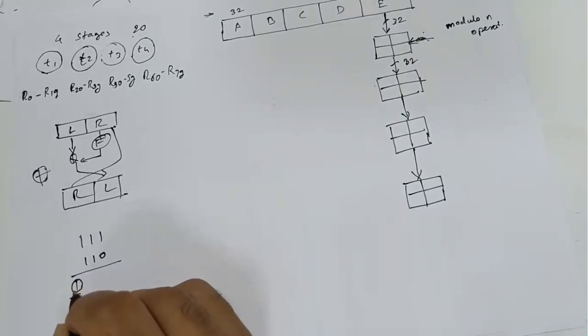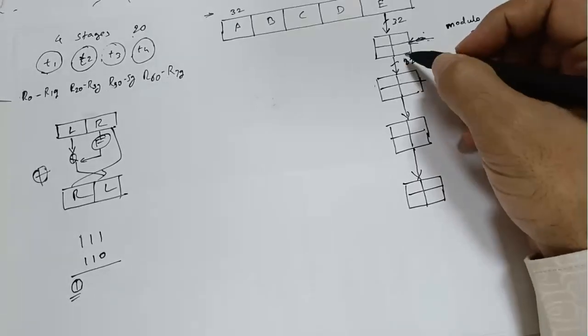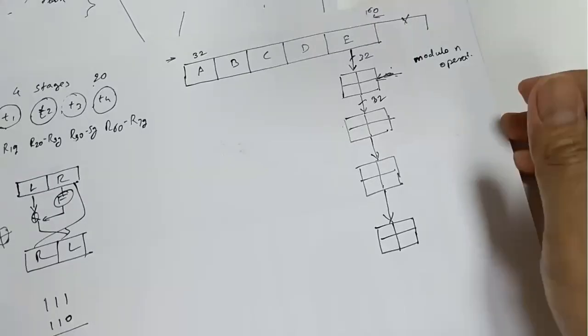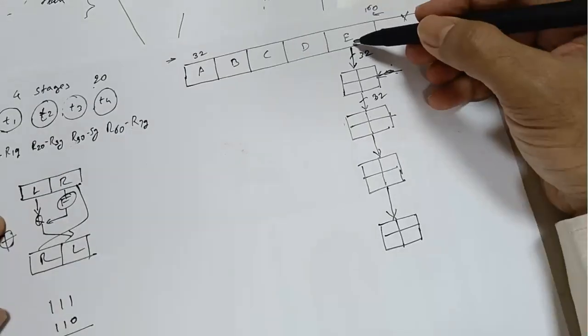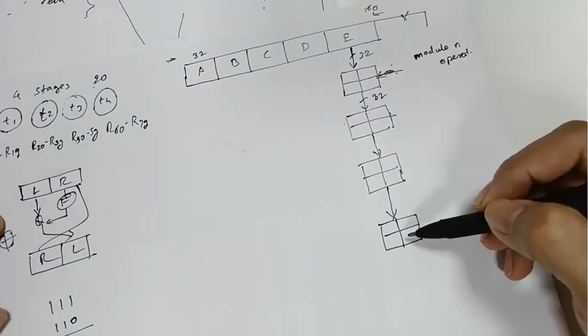In case there is a carry, you have to ignore that carry, and that operation is the modulo n operator. It's a very simple thing. And this E block is going into 4 different modulo n additions.